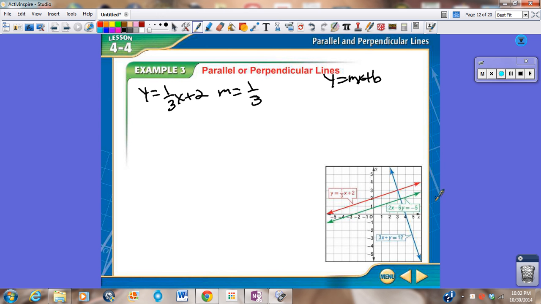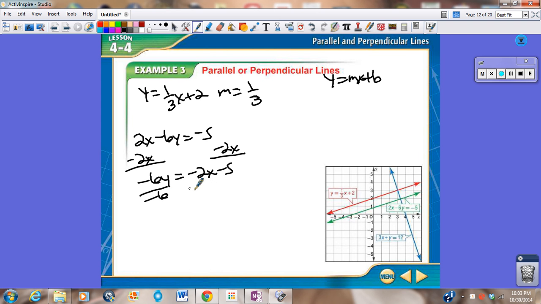Now, what I normally do is take the second equation, 2x minus 6y equals -5, and I just solve for y. That's what I always do. So I subtract 2x from both sides, and then divide by negative 6: negative 2x minus 5, divided by negative 6. And so you have y equals positive 1/3 x plus 5/6. Here this m is also 1/3, which means that these two lines are parallel.